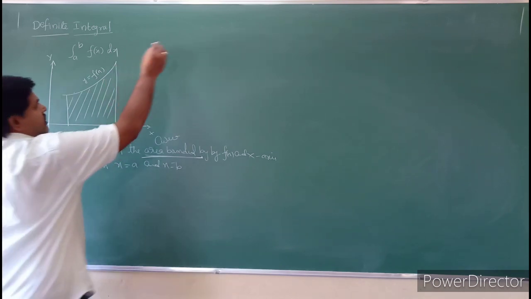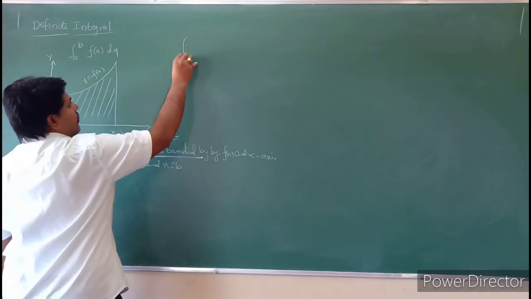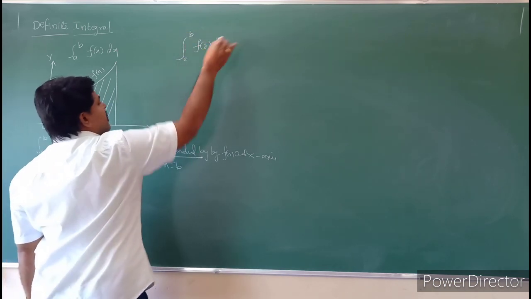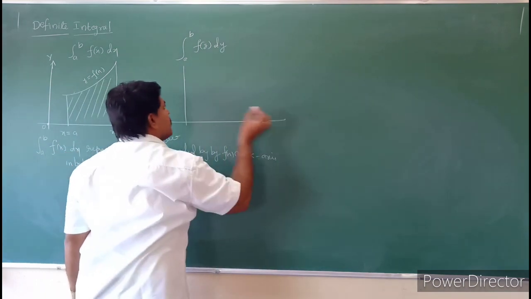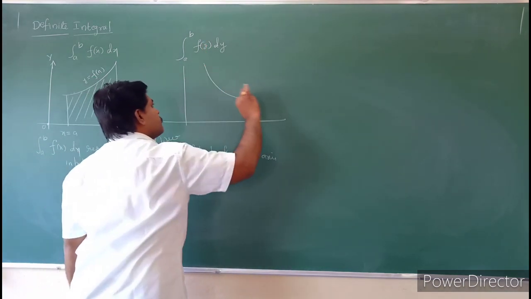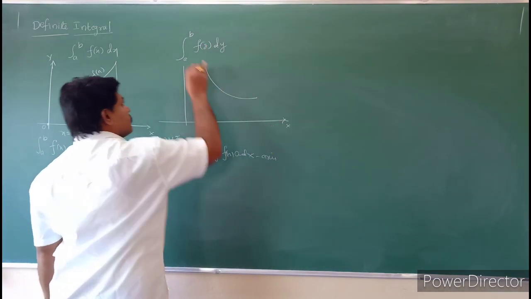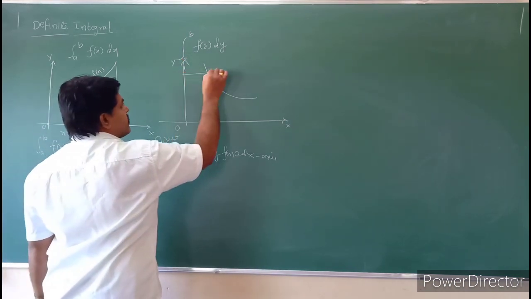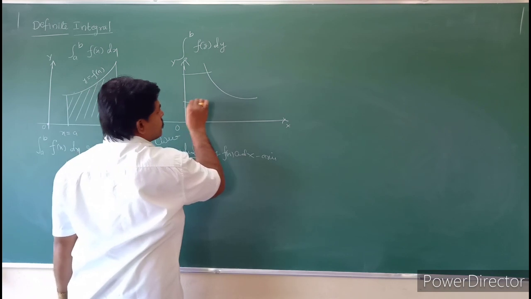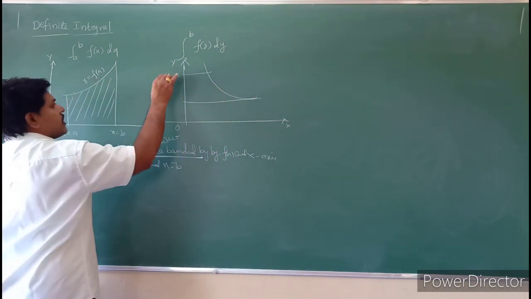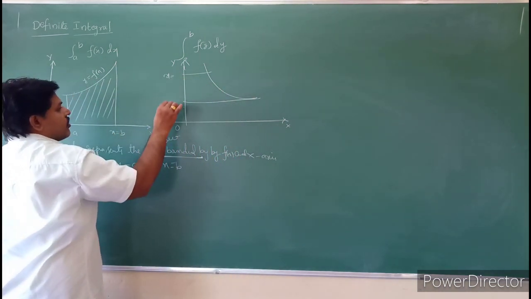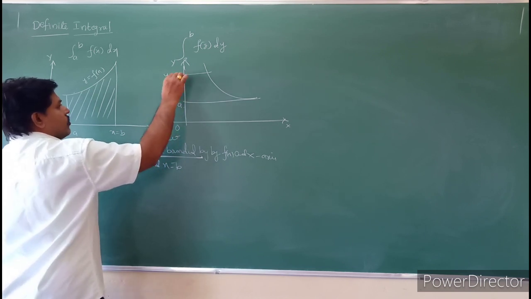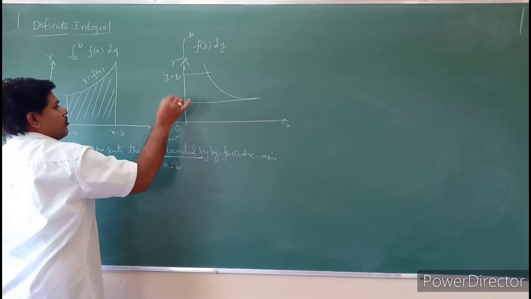For example, in the same way, if we take integral a to b f of y into dy, what is the meaning of this? See this one, students. It is not x, it is y. y is equal to a and y is equal to b.